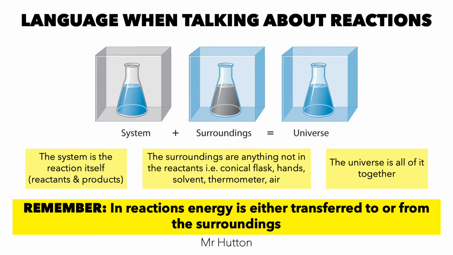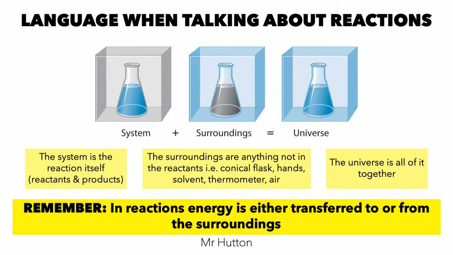So for example, if the system was 100 and the surroundings was 200, that would mean the universe was 300. And the universe needs to stay at 300. It cannot change. We cannot change the amount of energy within the universe. It stays the same.